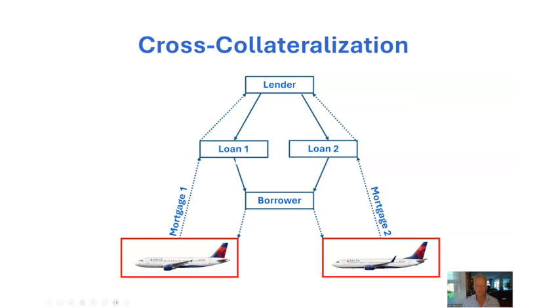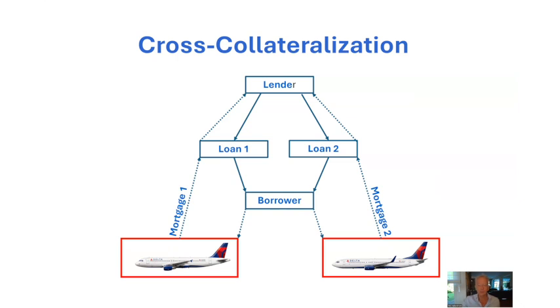Loan number one is secured by a mortgage over a A320, and loan number two is secured by a mortgage over a 737-800. In both cases with Delta Airlines, and we can assume that the borrower here is Delta Airlines.